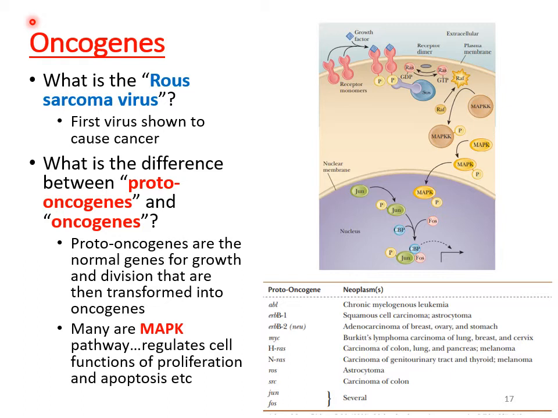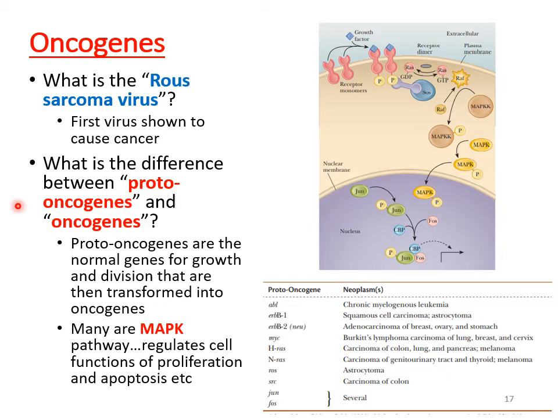And then what happens is some sort of transforming event or mutation causes the proto-oncogene to go out of control and to become an oncogene. So for instance, it could be a virus like the Rous sarcoma virus triggering that proto-oncogene to become an oncogene, which you can think of as the messed up version that is basically causing uncontrolled cell growth and proliferation.